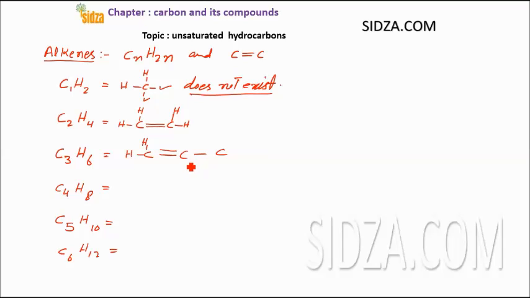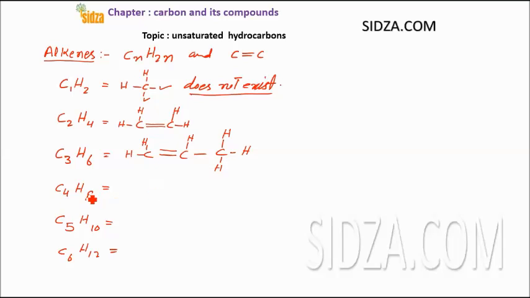The central carbon has 3 valencies complete, so it needs only 1 hydrogen atom to complete the valency. The terminal carbon has 1 valency complete, so it needs 3 more hydrogen atoms. So the total number of hydrogen atoms you see here is 1, 2, 3, 4, 5, 6, with 3 carbon atoms. So this is C3H6.